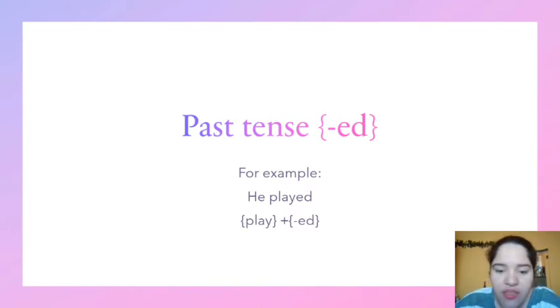So with these two combinations, we have the verb in the past. We have here played. This change occurs in every single person, including the third person singular.